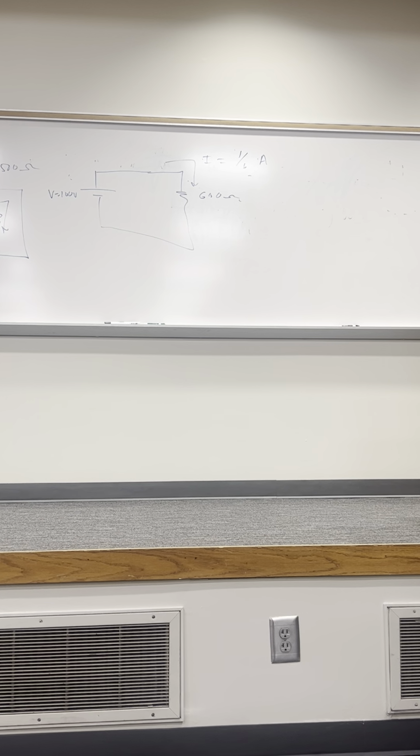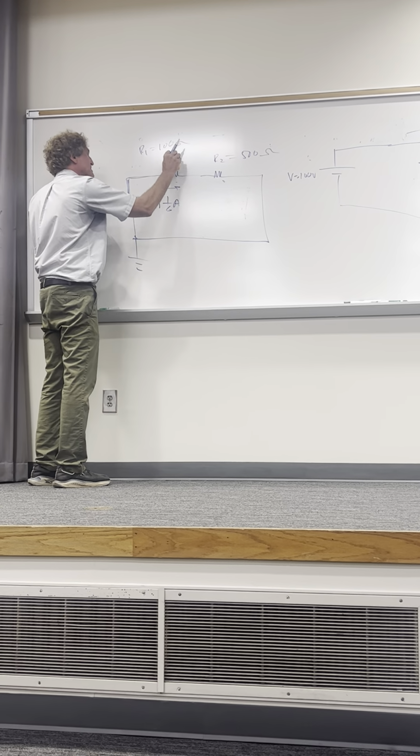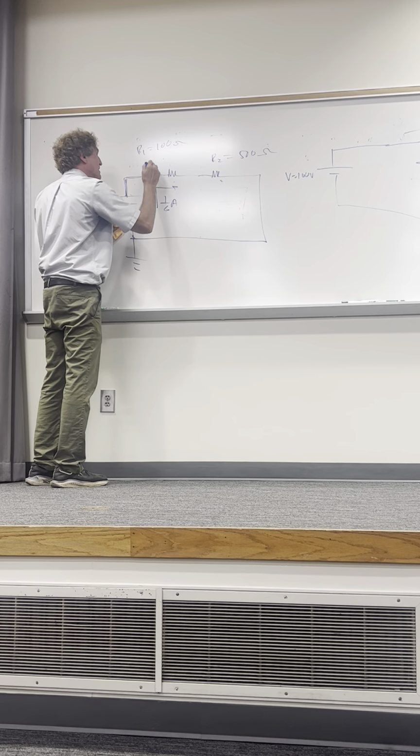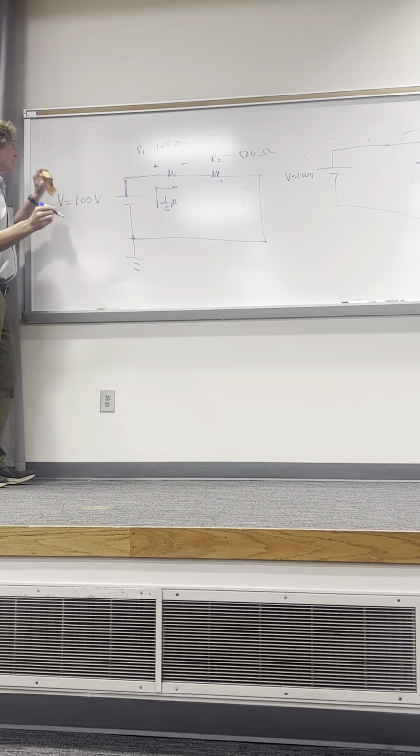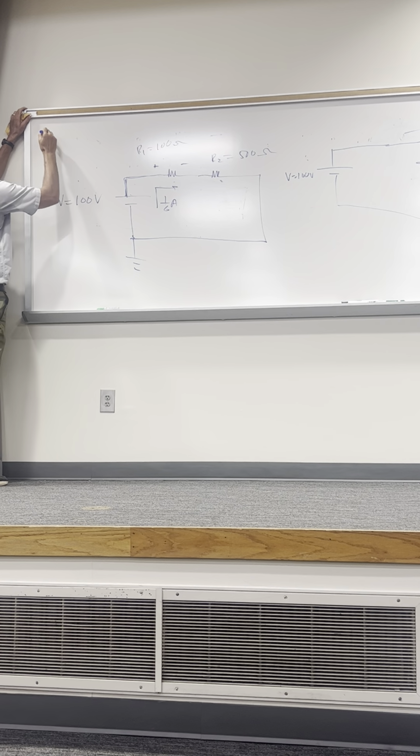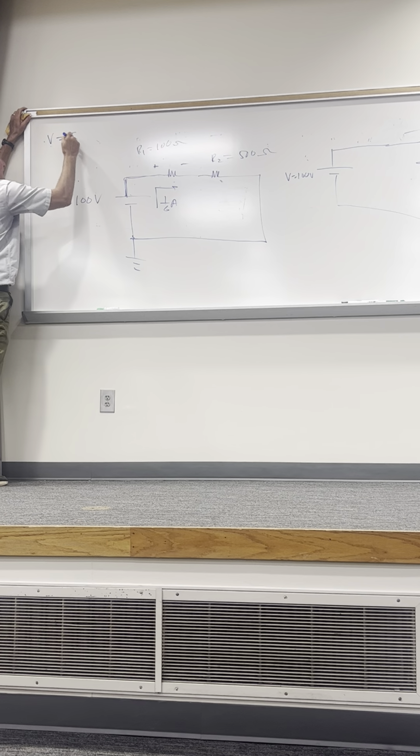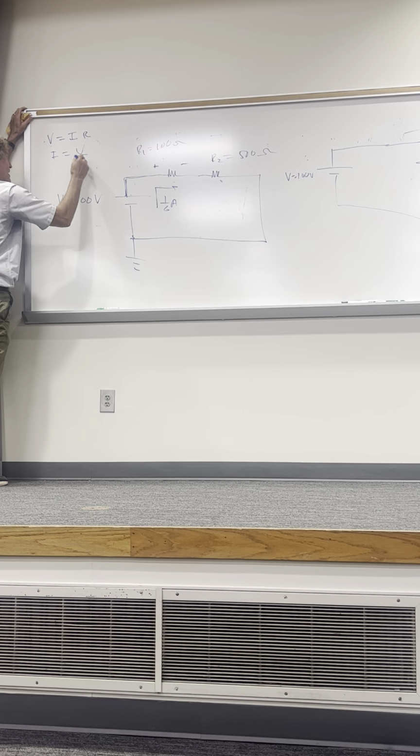All right, now the next question is, what's the voltage across each one of these components? So we know the current, right, flowing is 1/6 of an amp. So now what's the voltage across this 100 ohm resistor right here? Think of Ohm's law. Ohm's law says either V is equal to IR, I is equal to V over R, right?